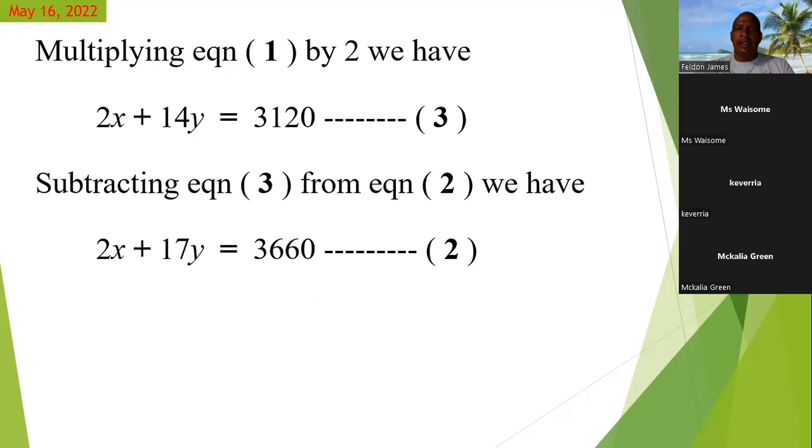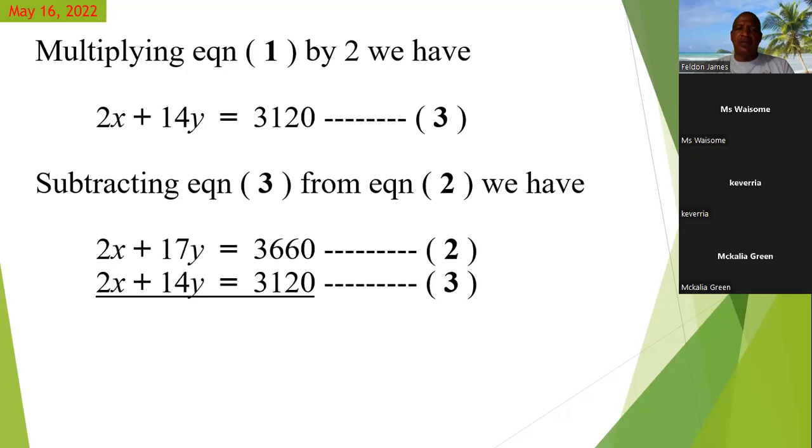So the 2x cancels out and gives you 0, then 14y from 17y gives you 3y, and 3,660 minus 3,120 gives you 540. And so 3y equals 540. Dividing both sides by 3, we get y equal to 180.